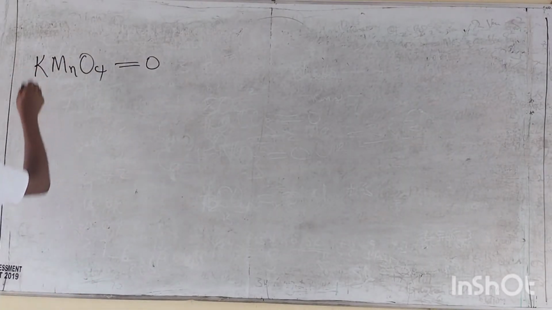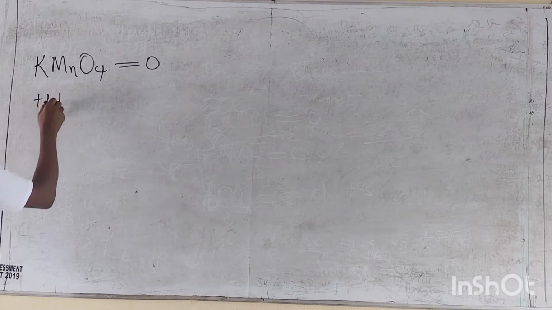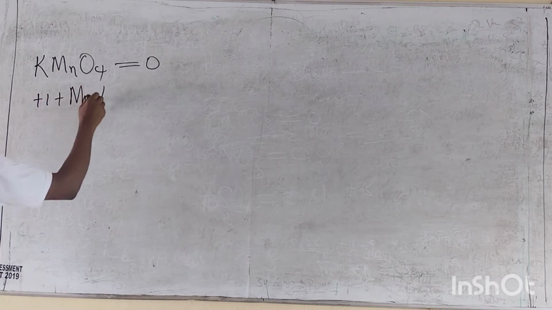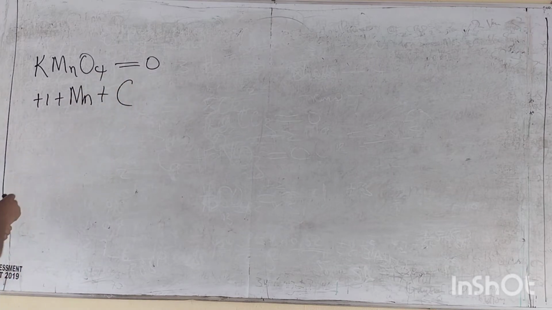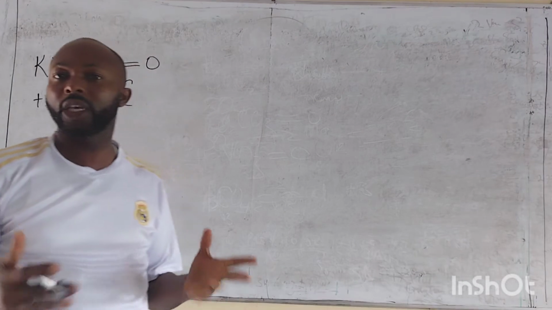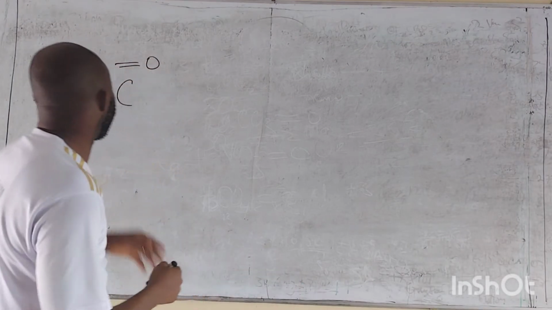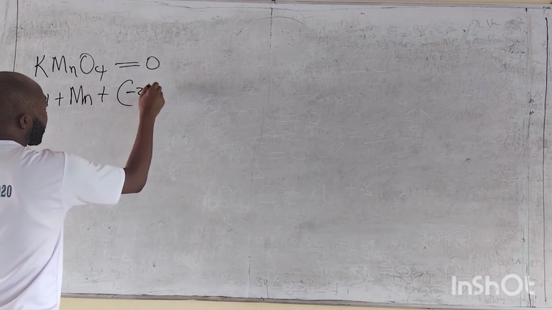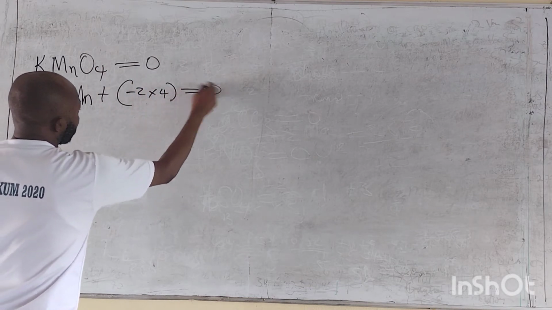So here, potassium becomes plus 1, plus manganese, which is what we're looking for, plus oxygen. The oxidation number of oxygen in most cases is minus 2, unless it is in a peroxide, where it could be minus 1. So this is minus 2, so I have minus 2 times 4, and this is equal to 0.